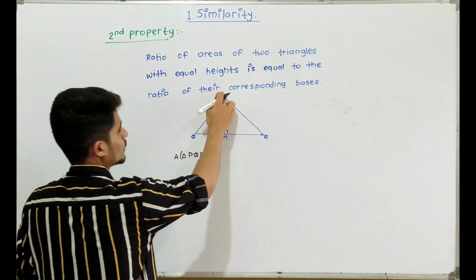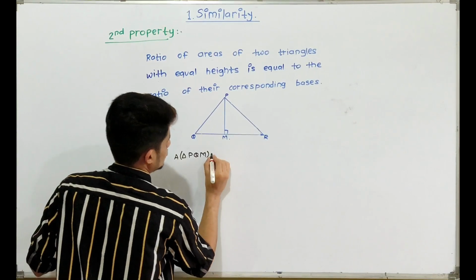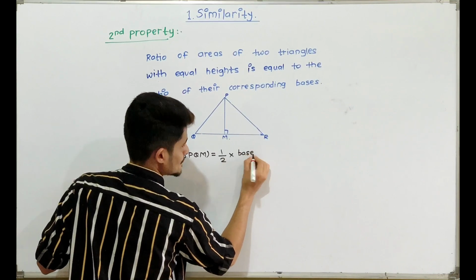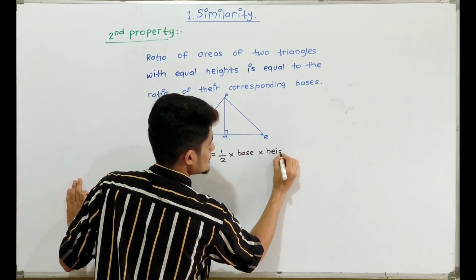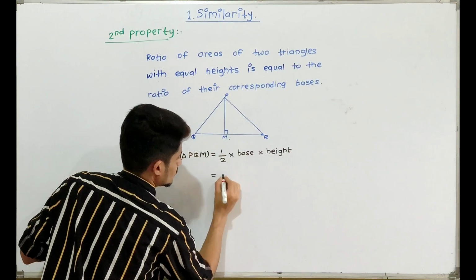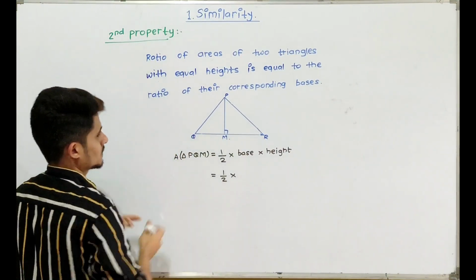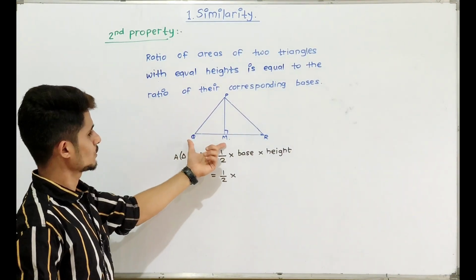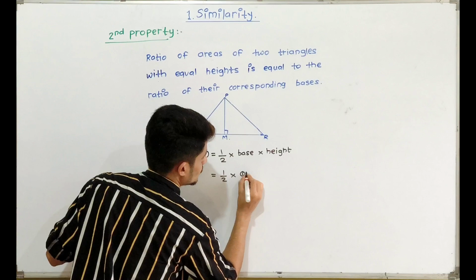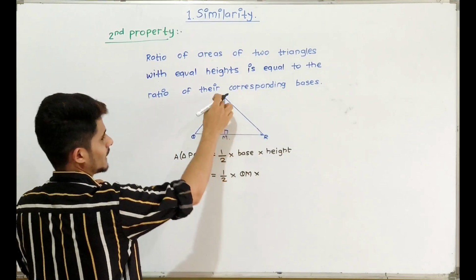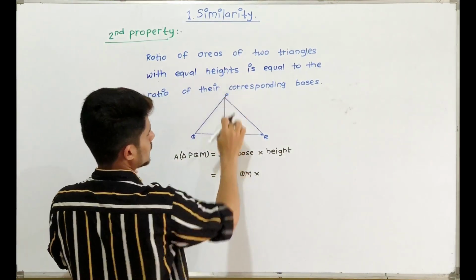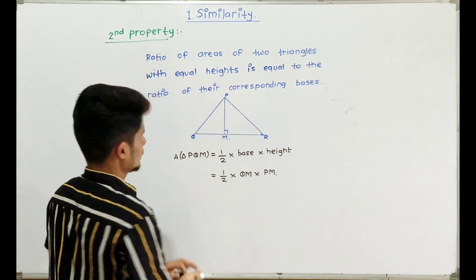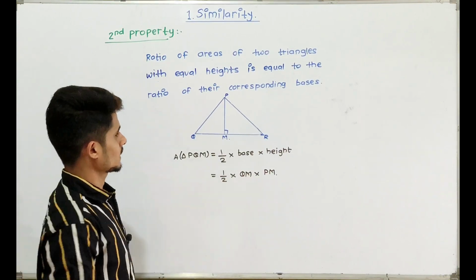Firstly we'll take the area of triangle PQM, that is half into base into height. Half into base. Base of triangle PQM is QM. QM is the base. And height of triangle PQM is PM. So this is area of triangle PQM.